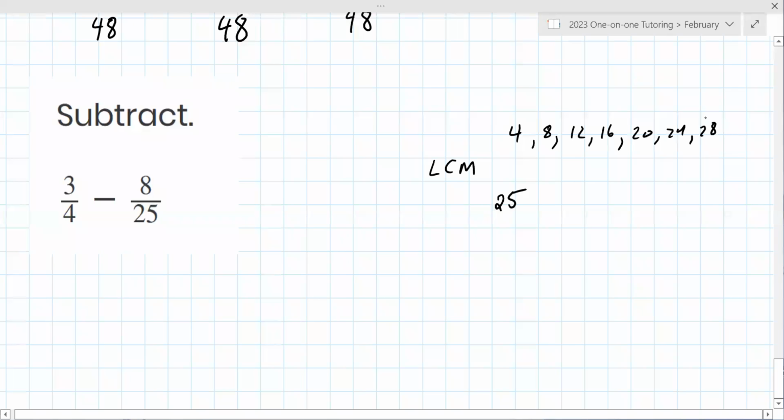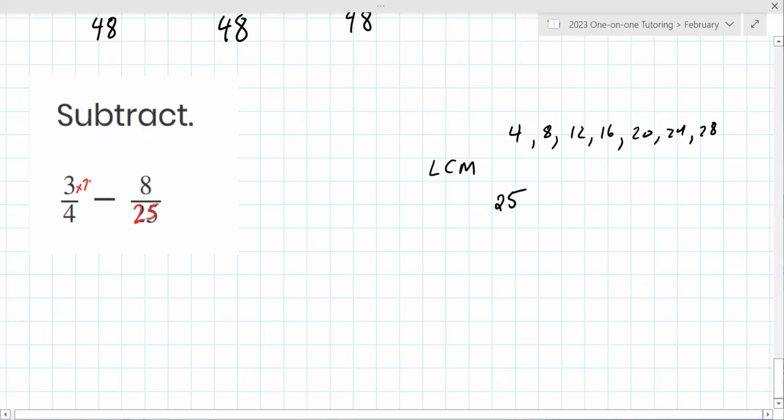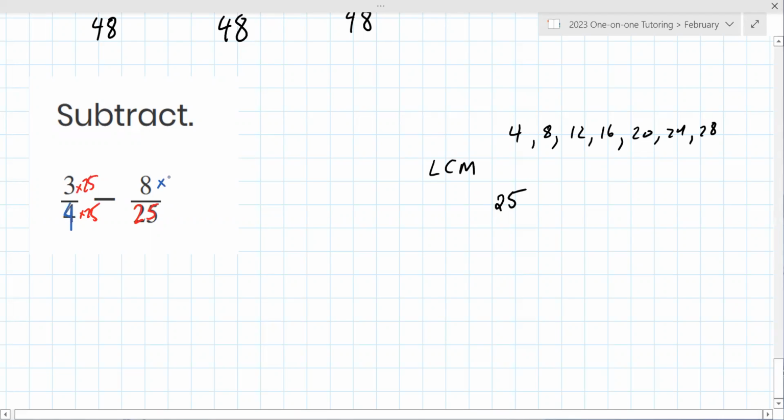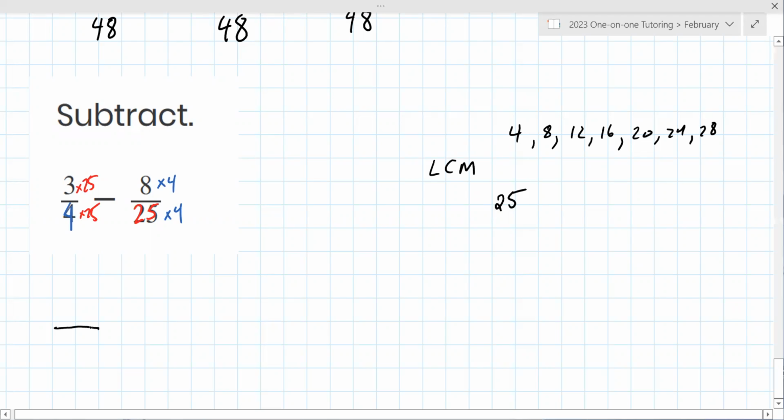Okay, so sometimes when it's a lot to write, you just go back to multiplying by 25 or by that other number. And then similarly, you take this 4 and you multiply these numbers by 4. So we're going to do it that way because it's a little bit easier.